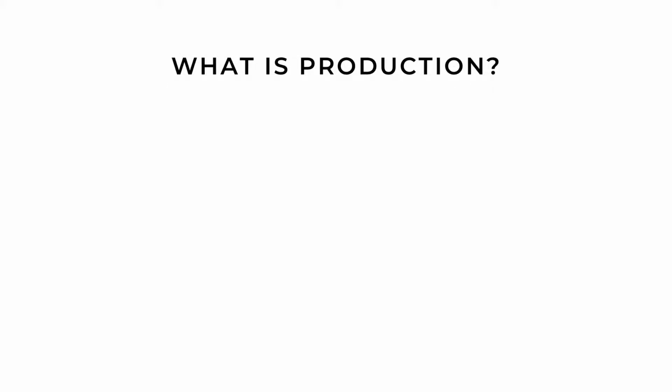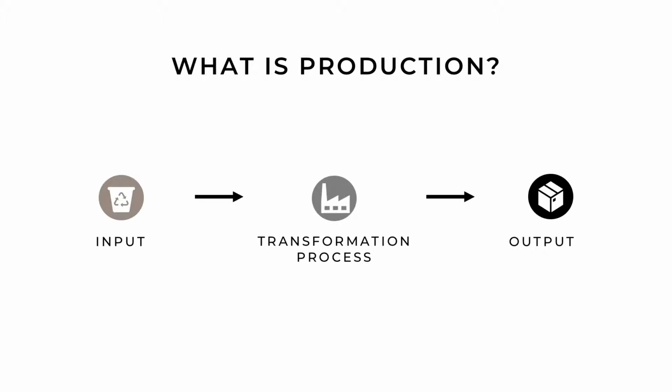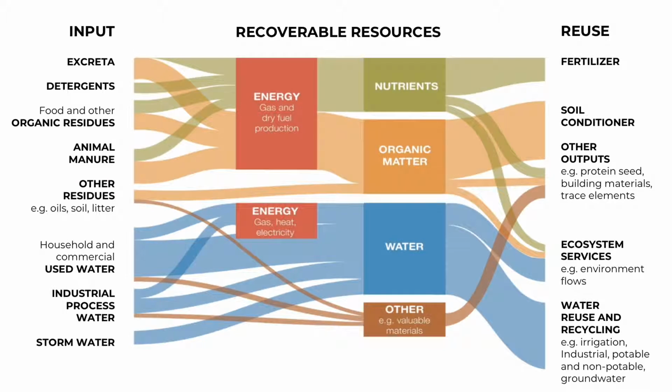You already learned in previous modules that the production of your RR product involves the conversion of an input like fecal sludge into an output like biogas through a transformation process. Now, be aware, however, that it is not only your waste input that will be needed to produce your RR product.